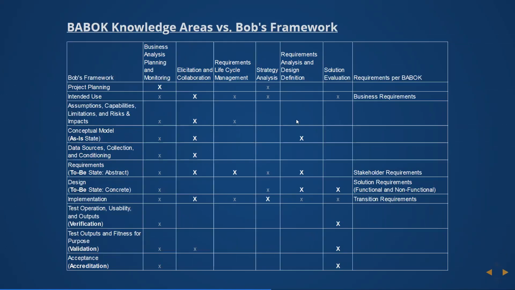So I actually map out the 6 phases it talks about, or the 6 knowledge areas it talks about in chapters 3 through 8. There are 6 chapters. And then I list my framework phases here.